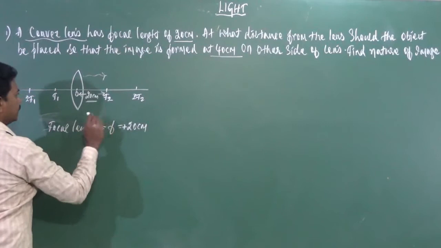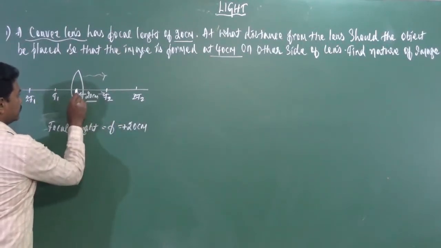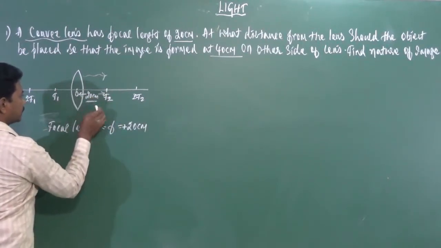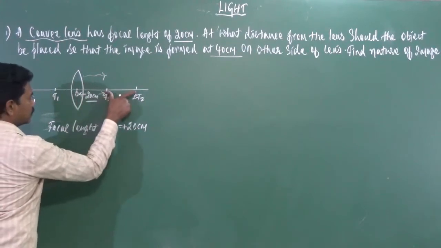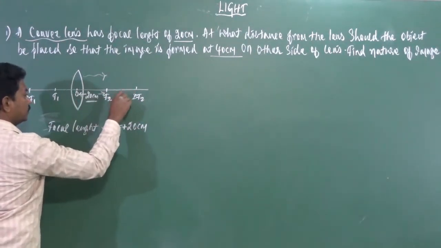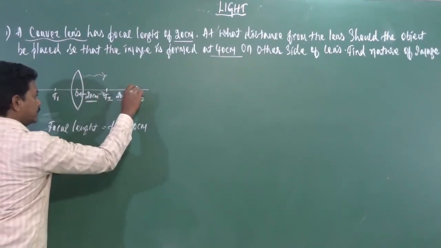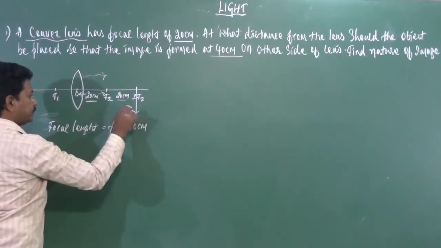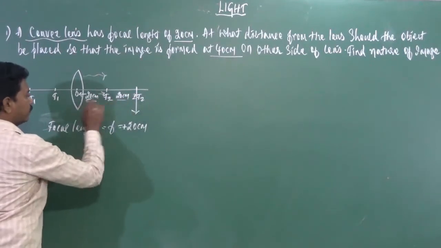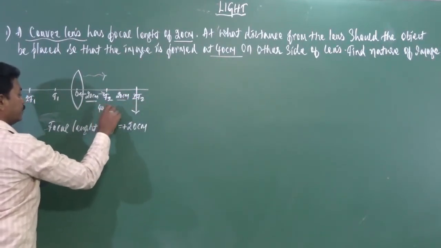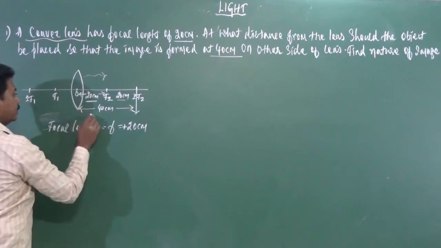Here it's looking very easy. This is the focal length, which is 20 centimeters. This distance is always equal to this, so this is also equal to 20 centimeters. 20 plus 20 is 40. So the image is formed at this point, at a distance of 40 centimeters, from here to here.